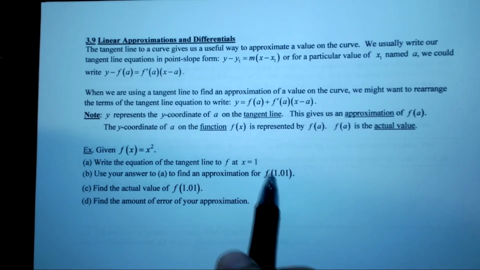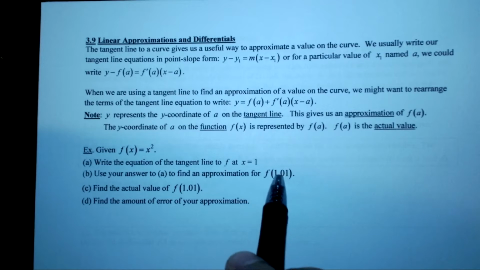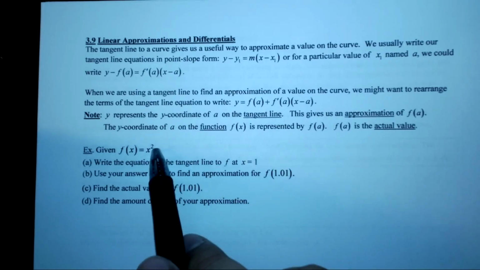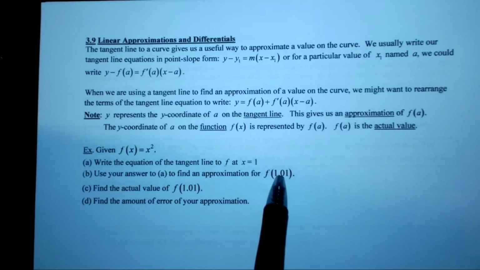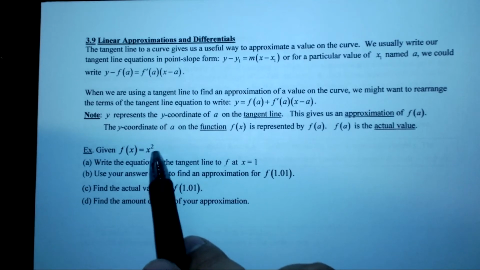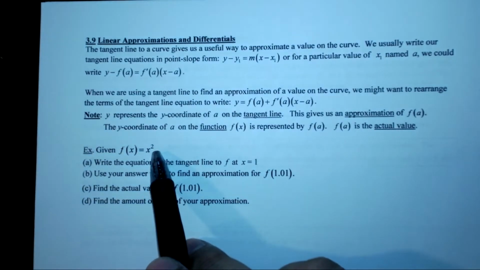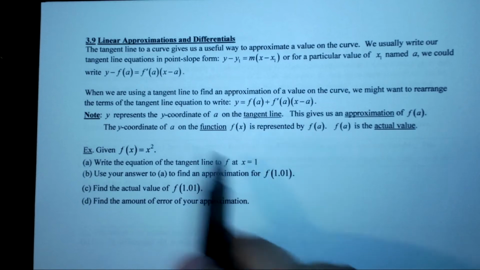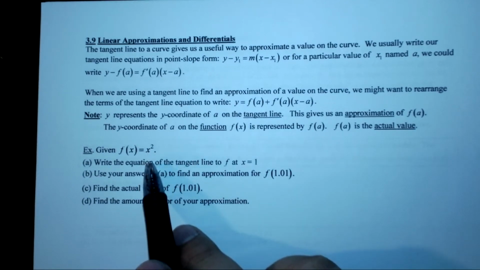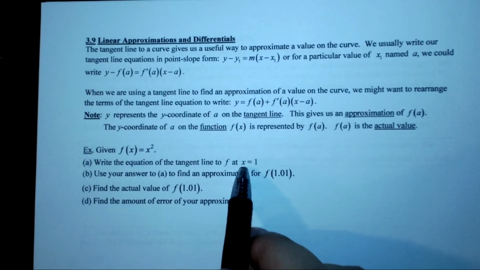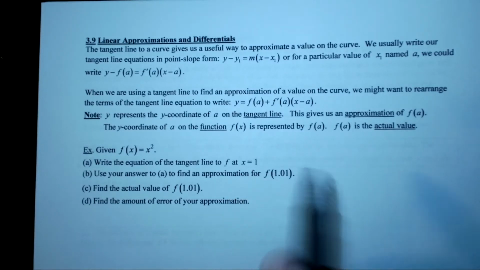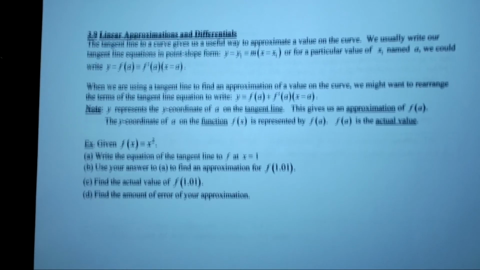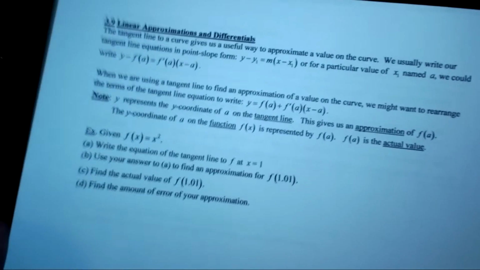Something really close that's easy to find x squared of is something like 1, because 1 is right on the left side of 1.01, and it's super easy to calculate. So we're going to use the tangent line at x equal 1 to approximate the value 1.01.